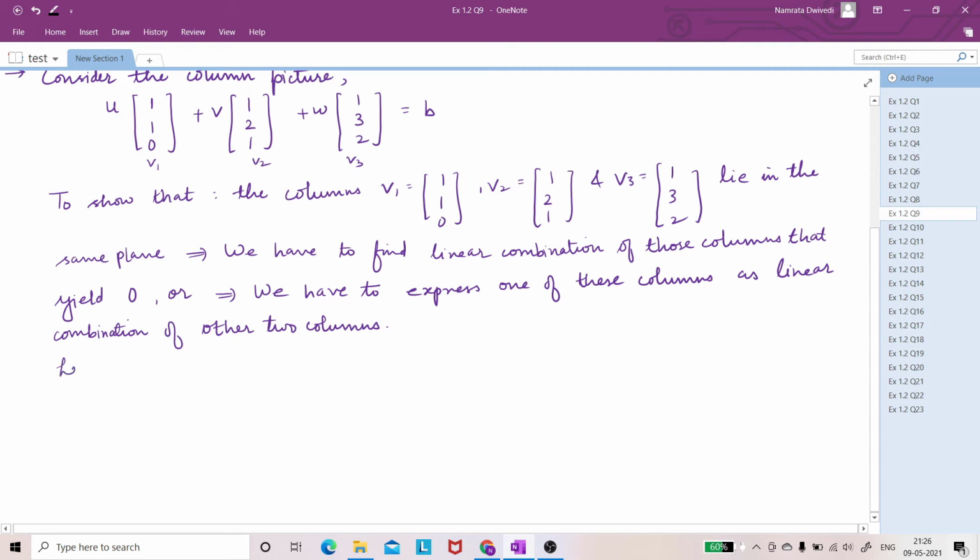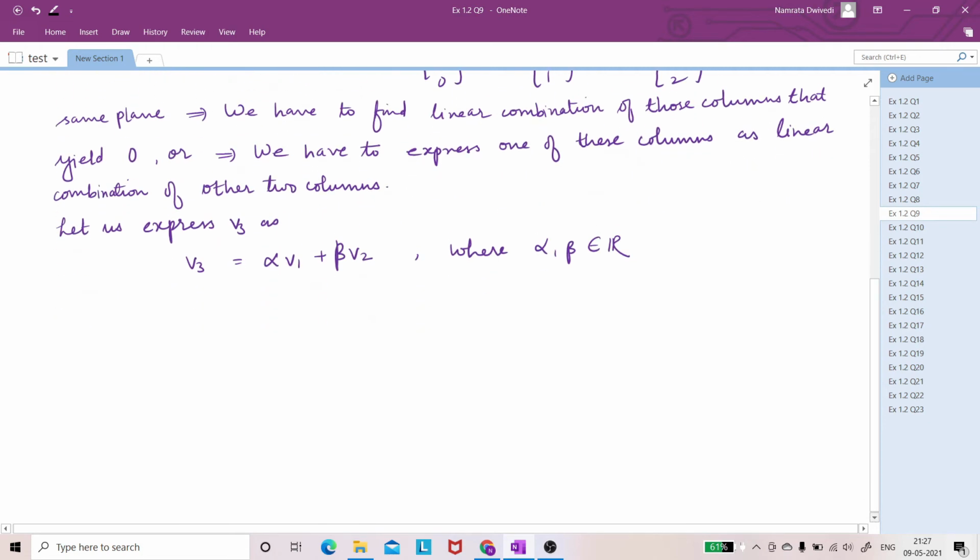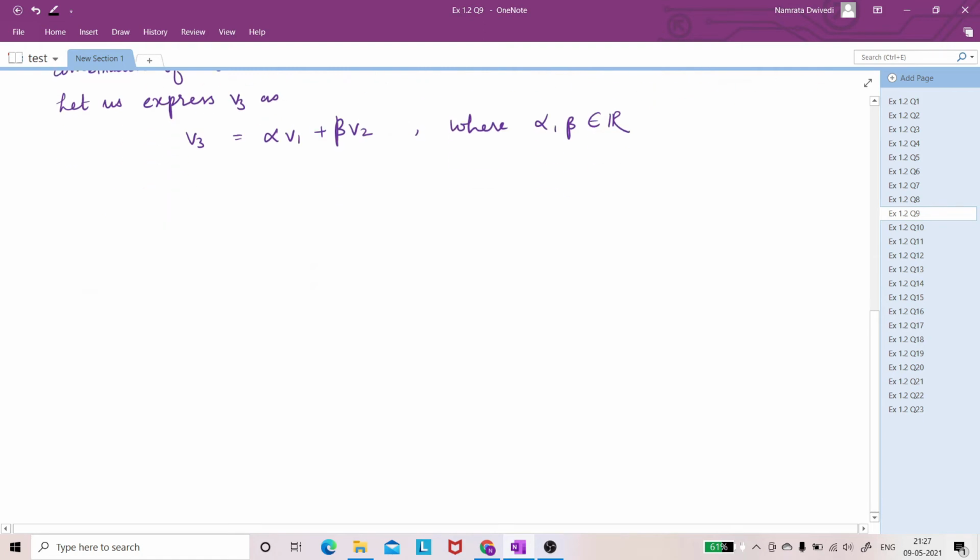Yes. So let us express V3 as V3 equals alpha V1 plus beta V2, where alpha, beta belong to R. Then this would imply alpha times V1, which is (1, 1, 0), plus beta times (1, 2, 1), is equal to (1, 3, 2).